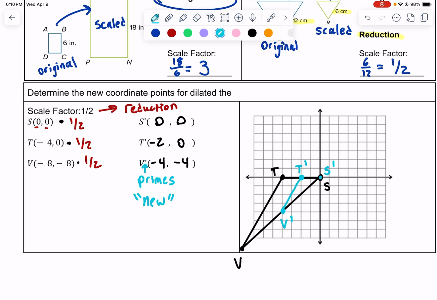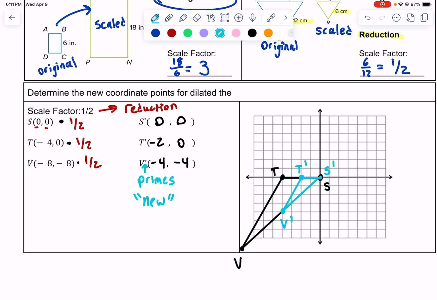So as we always do, mathematicians connect their dots. I get a little cheating on my iPad to make it all nice and straight. But look at that. I made a shape that ended up being a little bit smaller, specifically half as small.